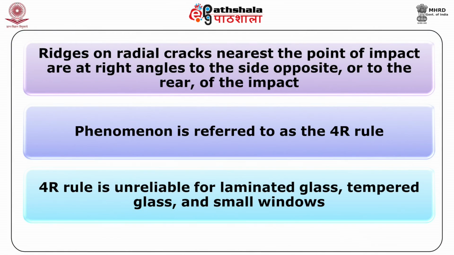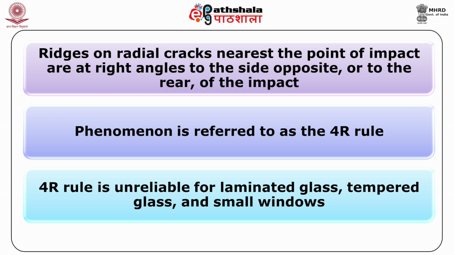The ridges, Wallner lines, on radial cracks nearest the point of impact are at right angles to the side opposite, or to the rear of the impact.